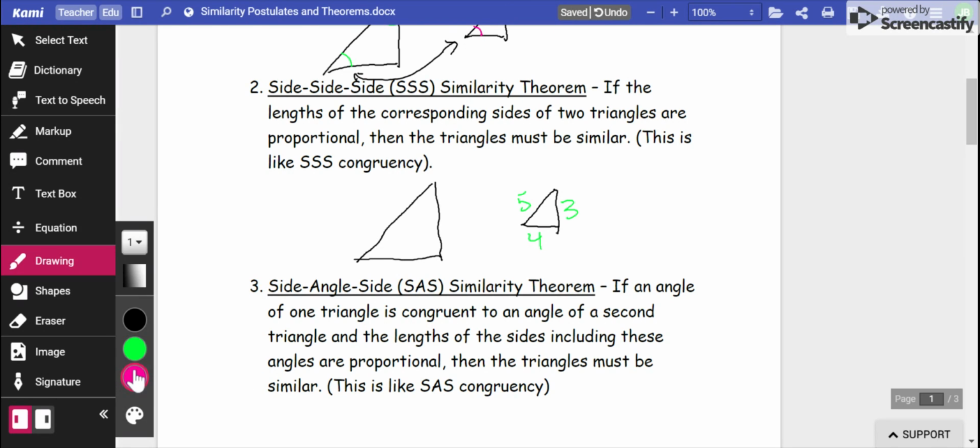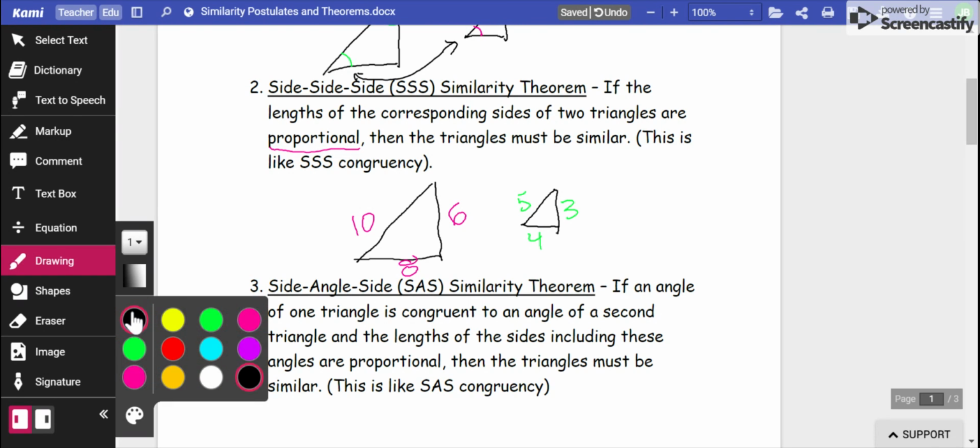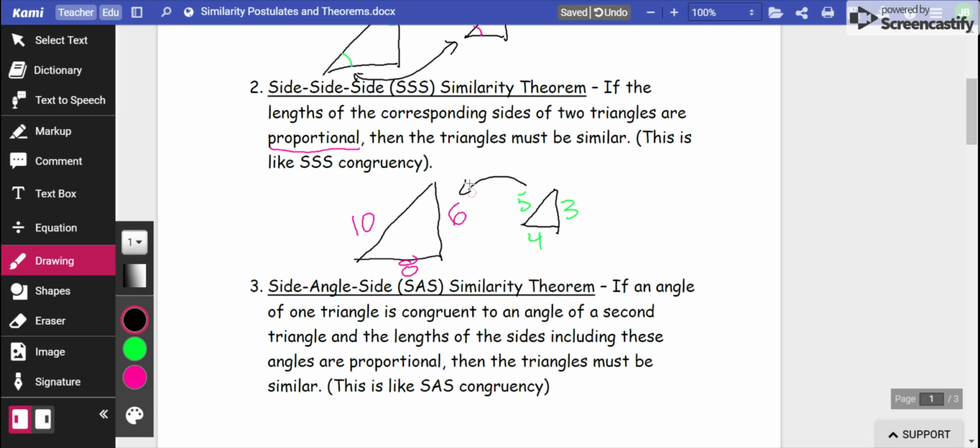And then if I look at another triangle and it goes 6, 8, and 10, the key word here is proportional. And when they say proportional, they're talking about how does it grow from one triangle to the other. And as you can see, how do you go from 3 to 6 or 4 to 8 and 5 to 10? So obviously, to go from the smaller triangle to the larger triangle, we just times everything by 2. These triangles are similar because they are proportional.